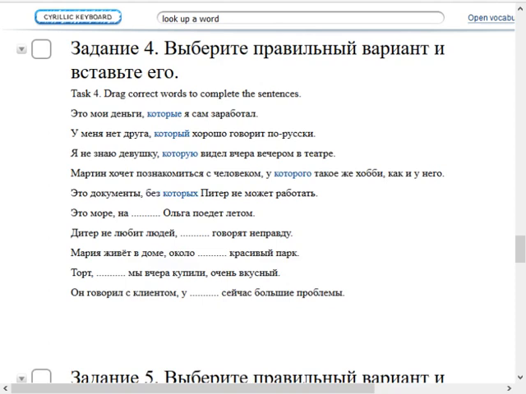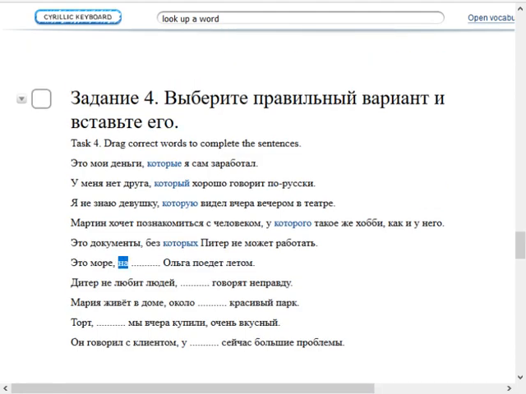Yes. Okay, это море, this is the sea, on which Olga поедет летом. This is the sea on which Olga goes in the summer. Okay. What I'm not sure of is на.